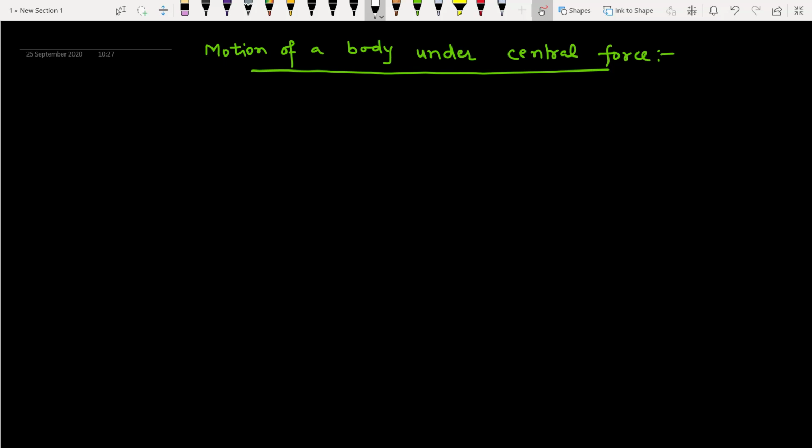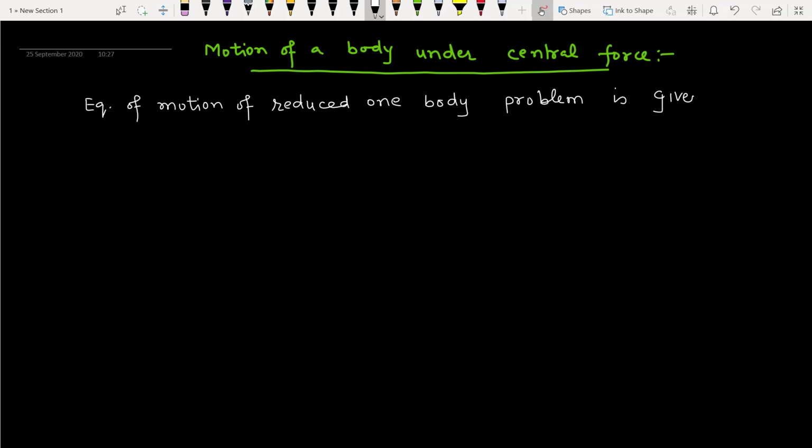So the equation of motion of reduced one body problem is given by mu d2r vector upon dt2 is equal to F21 vector.